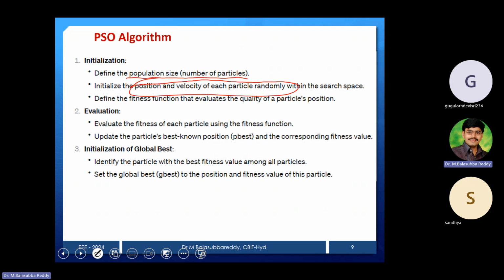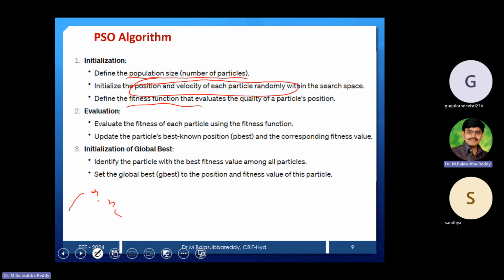We have to generate the position and then the velocity randomly, choosing within the search space. After that, define the fitness function. Once we know the variable, as we observed in the case of GA, real coded genetic algorithm and all.